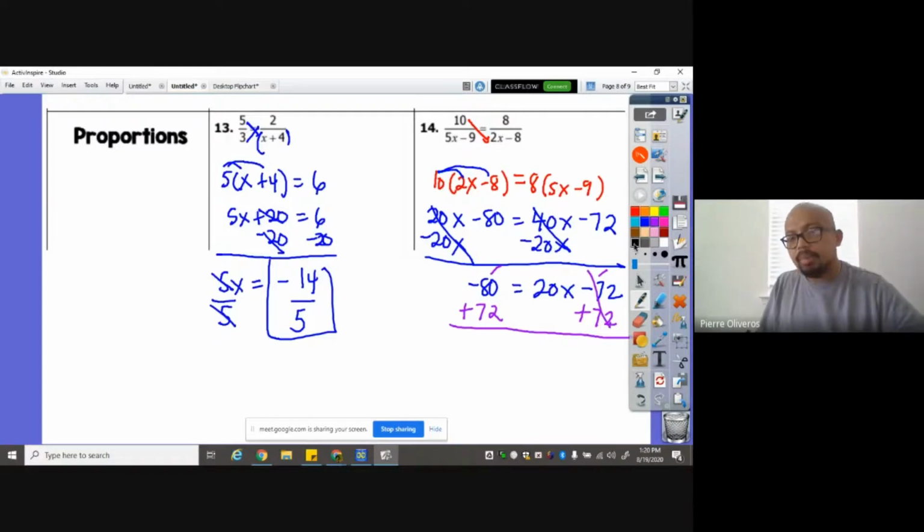When I say them, it's the term with the variable and the constant, in order for us to isolate that. So 20x is equal to negative 80 plus 72, which is negative 8, divided by 20. They're both divisible by 4. So negative 8 divided by 4 is 2, and 20 divided by 4 is 5.